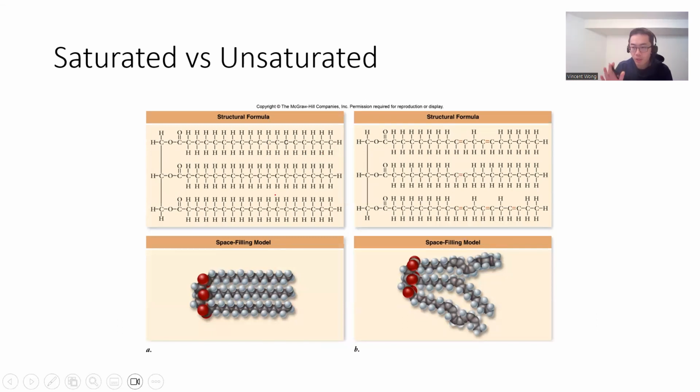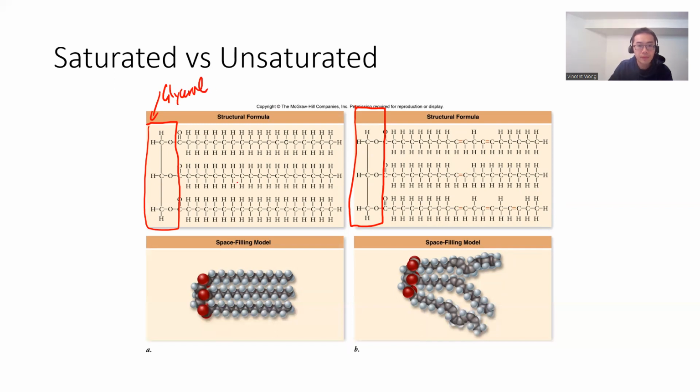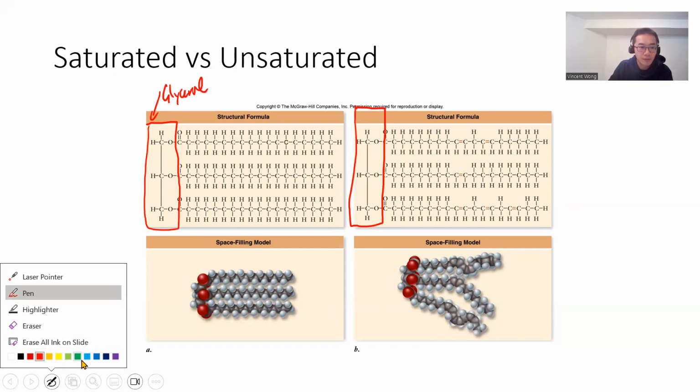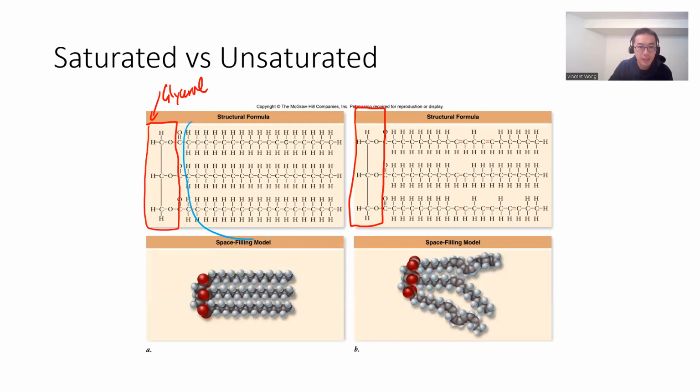Finally, one more time to summarize the difference between saturated and unsaturated. They both have this molecule, which is the glycerol. And the rest of it, like these here, are all fatty acids. You can see there are no double bonds in the fatty acid. That's what makes it saturated.